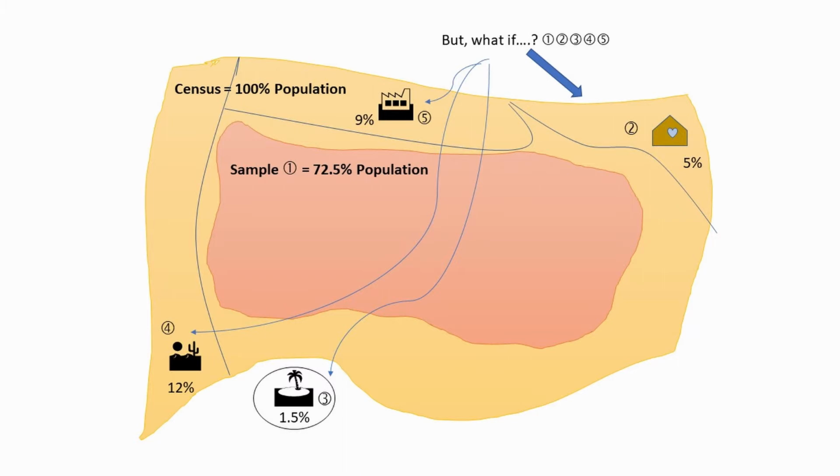And of course, the one in the desert is 12%. Well, if it's 12%, I need to represent it. And finally, if that urban or highly industrial section of the population is 9%, I need to have that in mind.